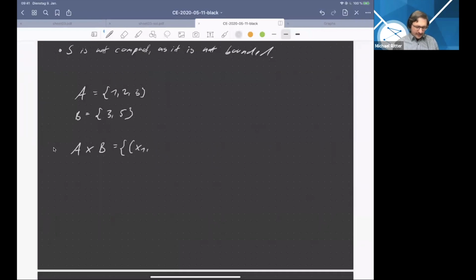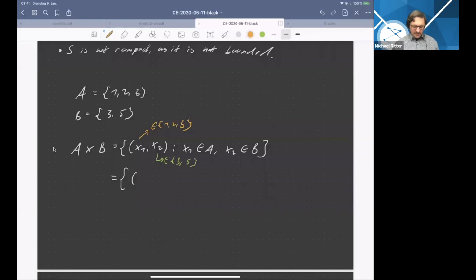So two coordinates, x1, x2, where the first coordinate is taken from A, the second coordinate is taken from B, and we just form a set of all possible combinations of elements of A and of B. So in this case, for example, x1 needs to be in A, so that could either be 1 or 2 or 3. x2 needs to be in B, so that could be either 3 or 5.